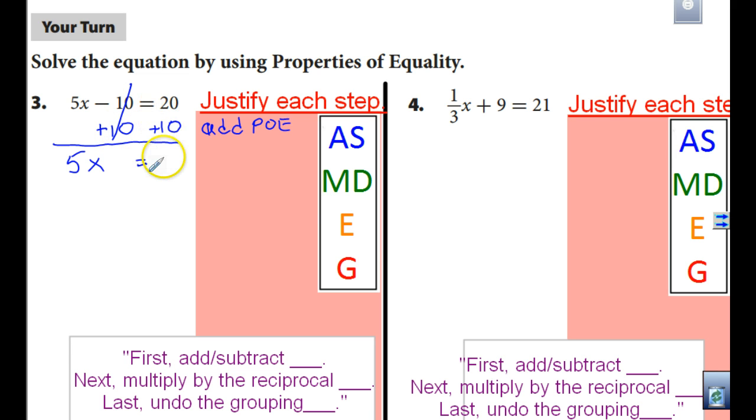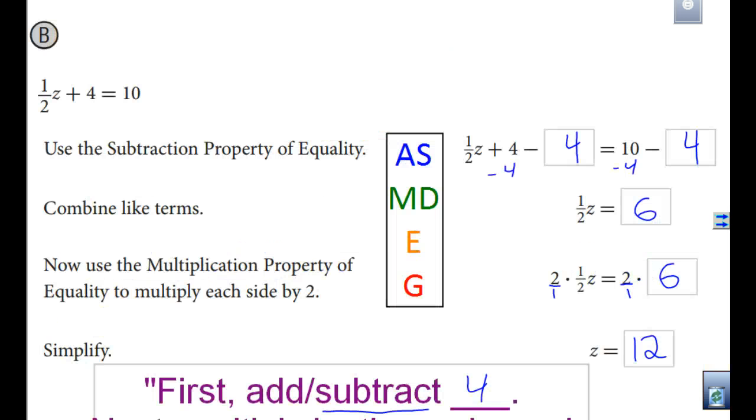And this is what we call simplifying, or you can say combine like terms. So then here we combine like terms. I'm just using this type of format. I'm going to say a property, and then combine like terms, say a property, simplify. And these are kind of interchangeable, the combine like terms and simplify.